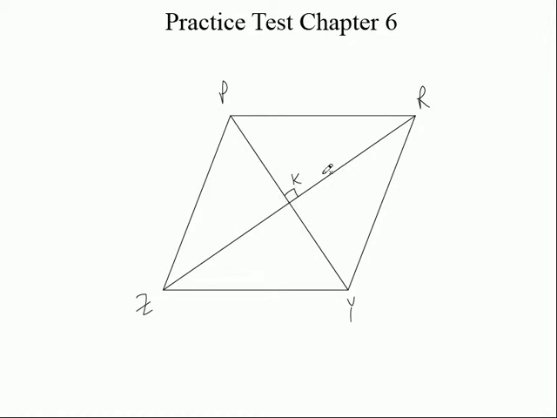RK is 5, so that's 5. RY is 13, right there. We're trying to find KY, right? Is that right? RK is 5?